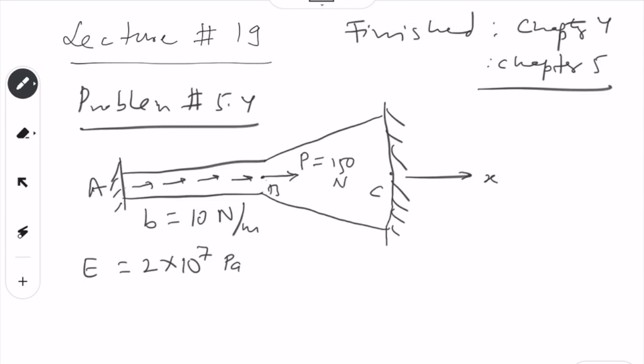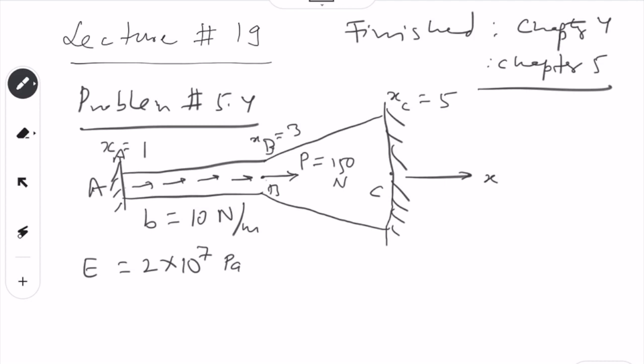The coordinates are given: xa equal to 1, xb equal to 3, and xc equal to 5.